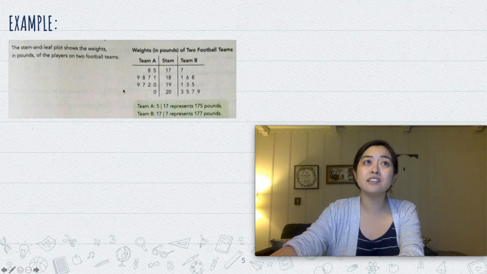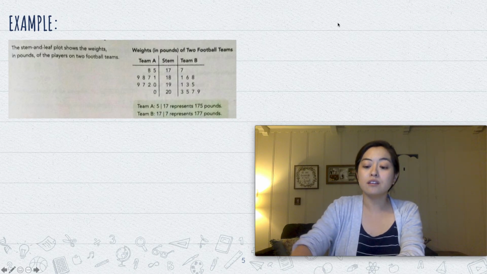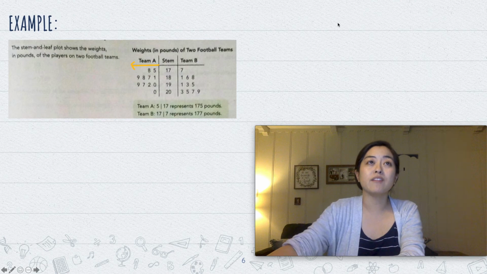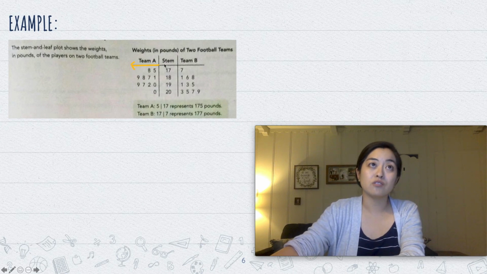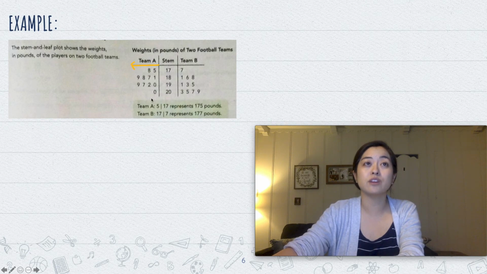We have my team A values on one side and my team B values on the other side of the stem. If I want to read my team A values, I look at the stem of 17, then read the line, and then 5, 18. So you have to go from right to left, okay?